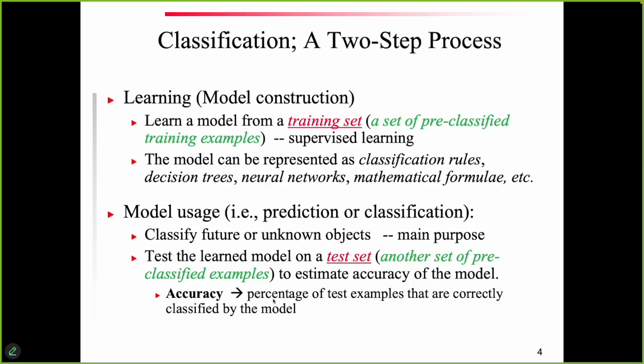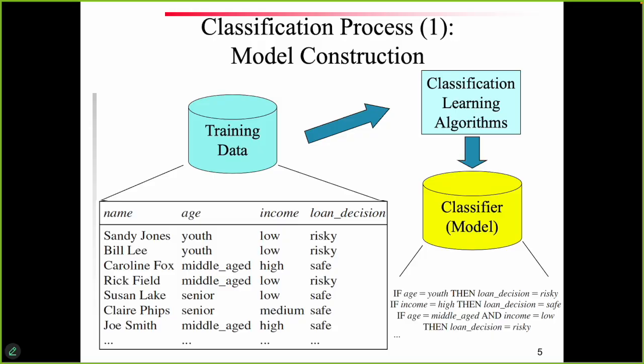It is the percentage of test examples that are correctly classified by the model, or how many of your predictions were correct.